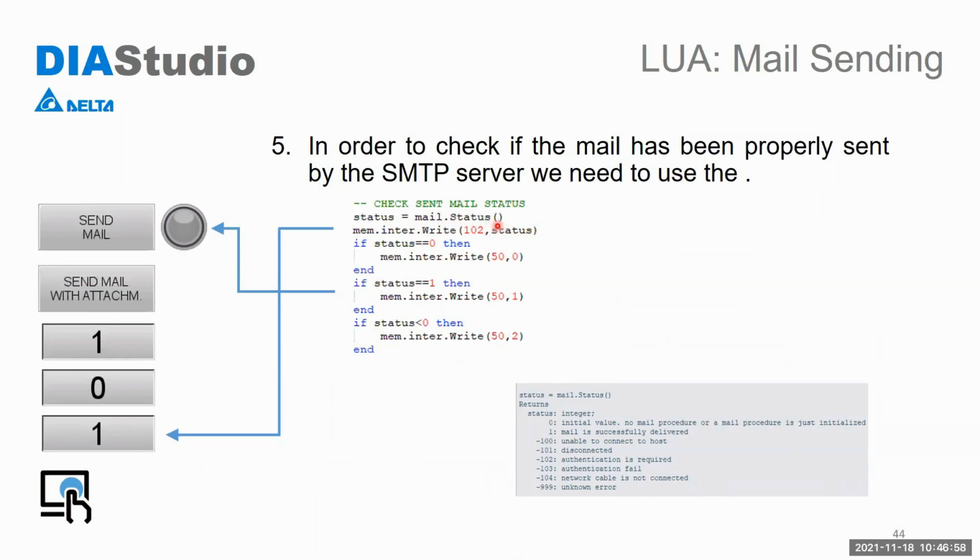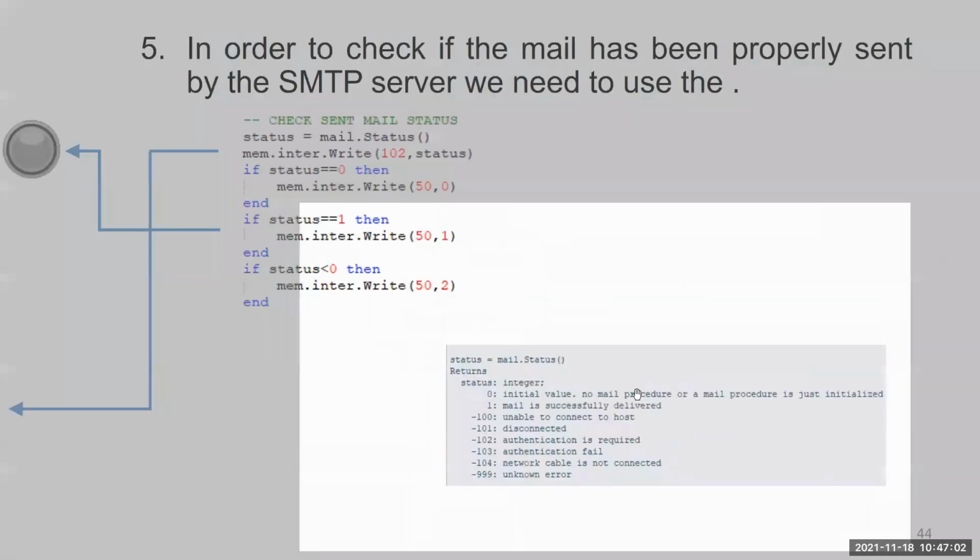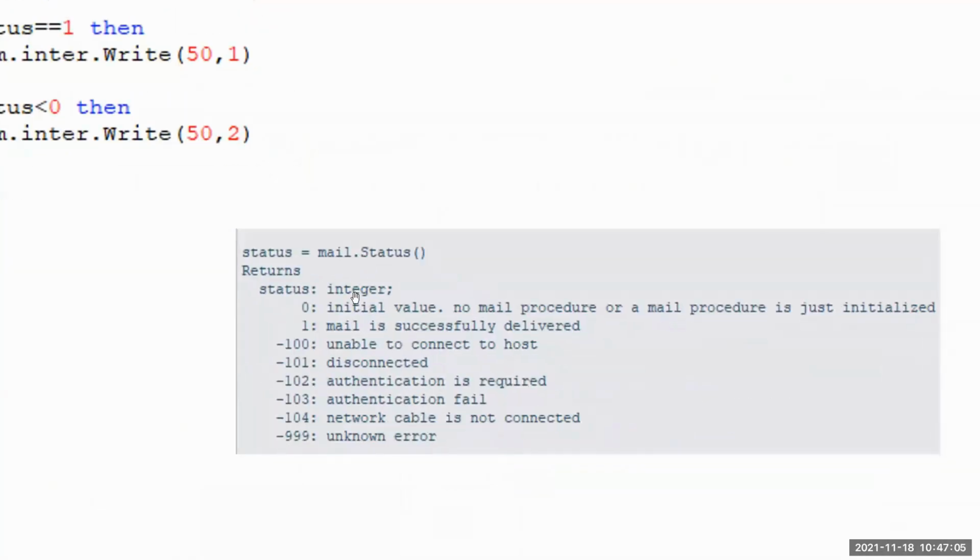This mail.status returns a single parameter, which will be 0 at the beginning. If everything goes well, it will return number 1, and in case we receive negative values, depending on which one, we can see which is the error, why the mail has not been sent properly to the receiver.